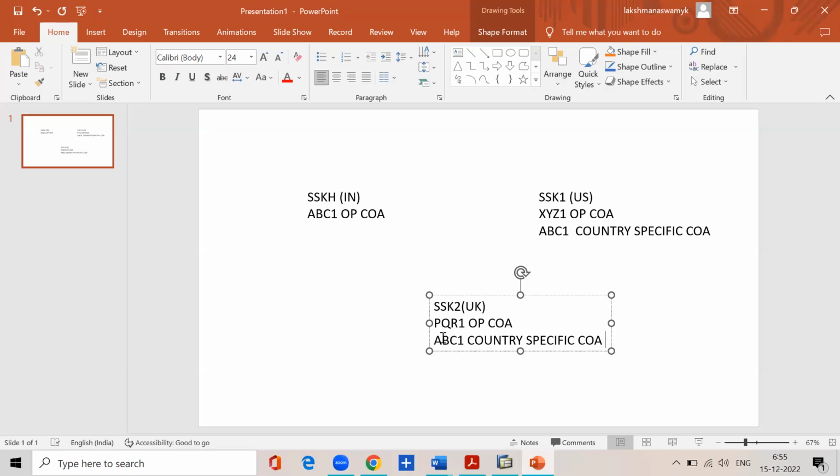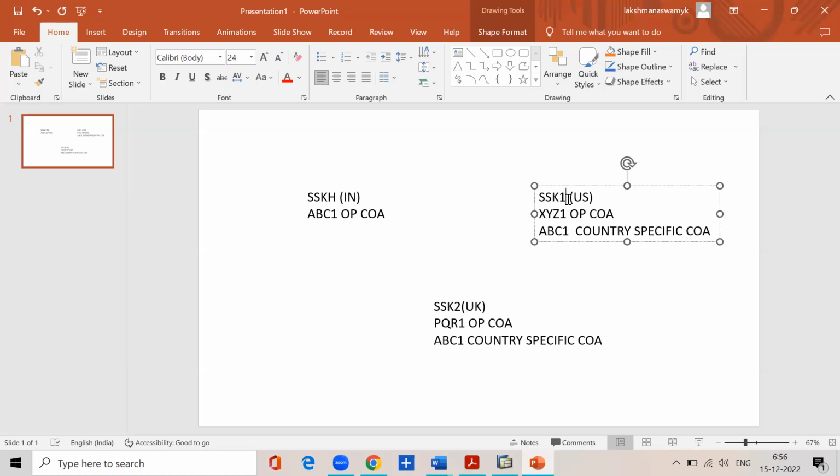Both the company codes have to prepare the financial statements according to the Indian Companies Act only. Clear, no? So the operational chart of accounts of the holding company code will be the country specific chart of accounts for the subsidiary company code if they are lying in different countries. Okay, now you may get one more doubt here.